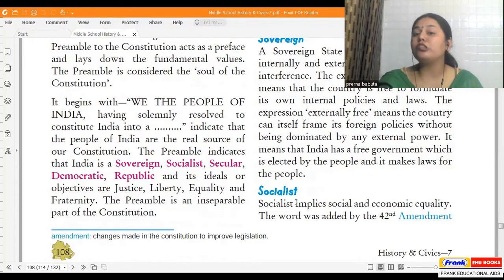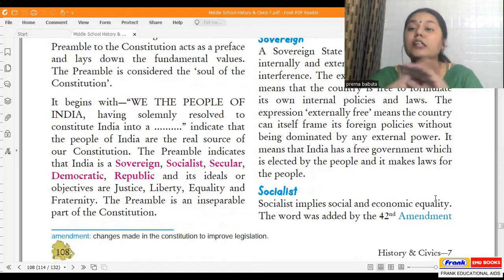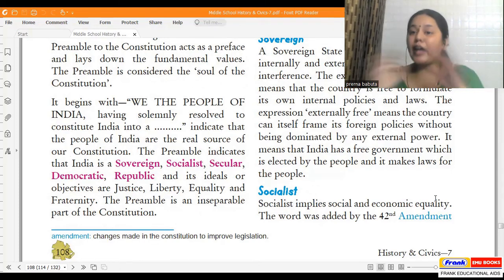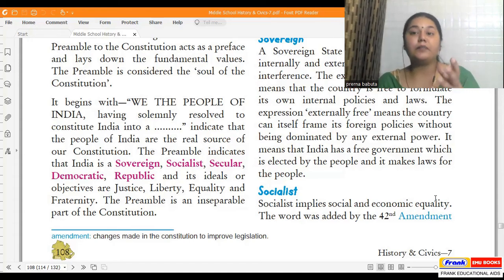Socialist, talking about social and economic equality. When we talk about social equality, that means there cannot be discrimination of any kind: caste, creed, religion, region, community, gender, race, color. And when we talk about economic equality, here we mean that we have this concept of equal pay for equal work.